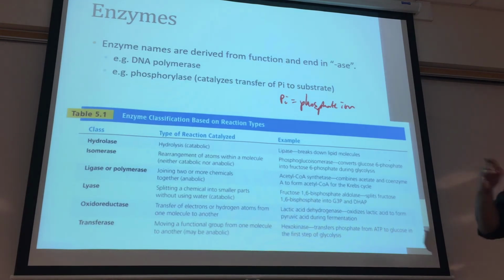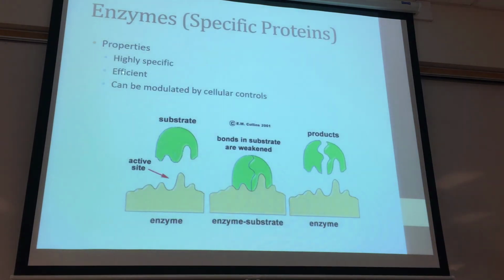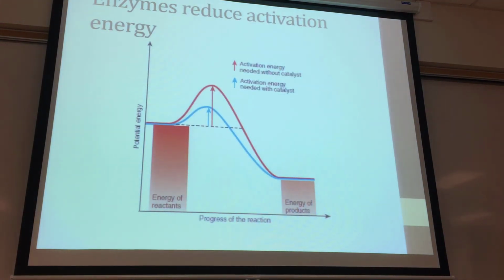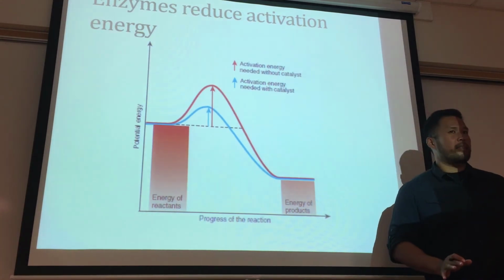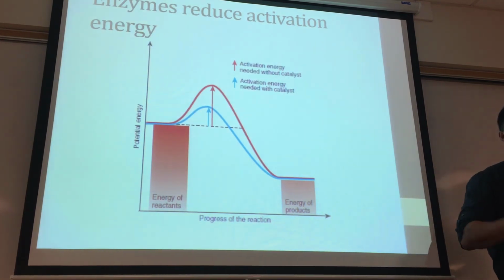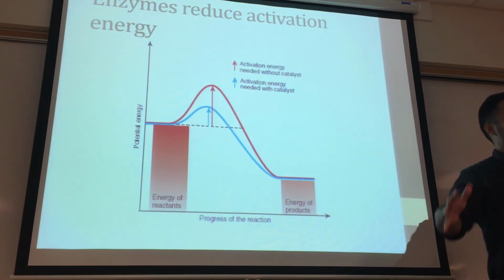So like I said, just to recap, enzymes are specific to what they do, and they have active sites that bind to the substrates, and it only binds to that substrate. Go back to that initial slide that we talked about earlier when we talked about activation energy. That activation energy was that little push on that roller coaster. It was that match that we needed to set something on fire.